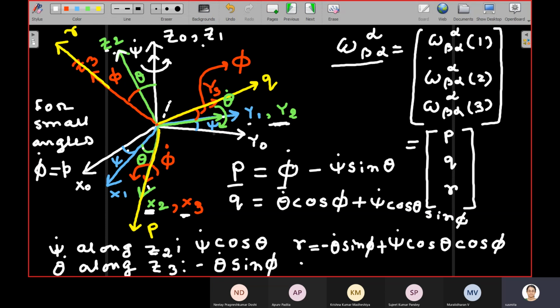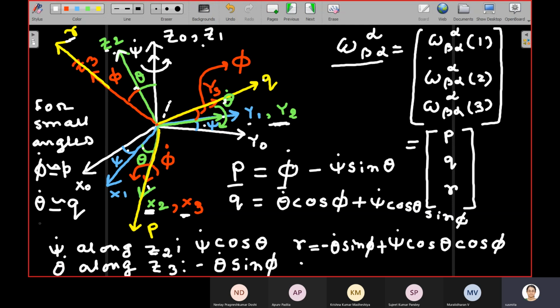Similarly here, just imagine all of these angles are infinitesimally small. So these axes are actually not different from one another. So theta dot is actually equal to Q. Similarly from here, we are getting psi dot is almost equal to R. So this yellow line and this green line will be almost coincident.